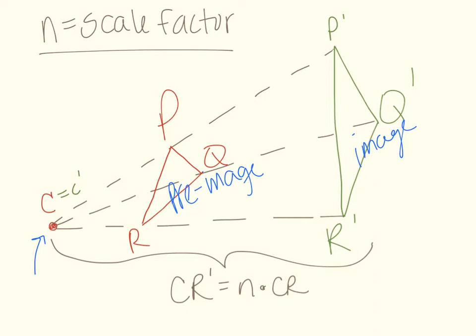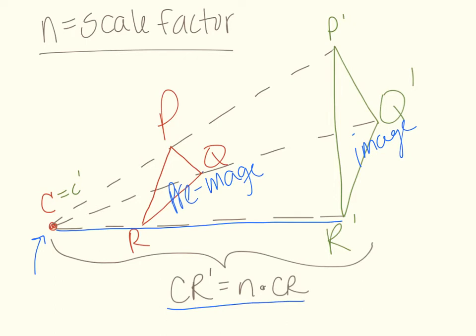For point R, for any other point R prime, no matter what you do, R prime is going to be on the line CR. And then CR prime is equal to the scale factor n times the length of CR.